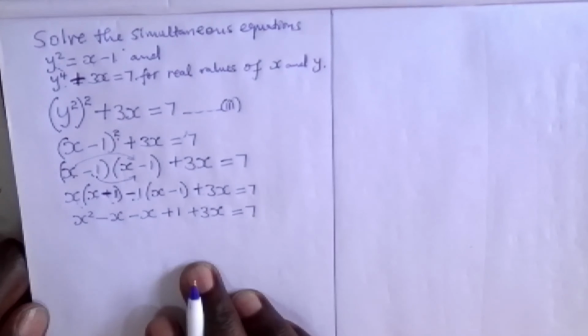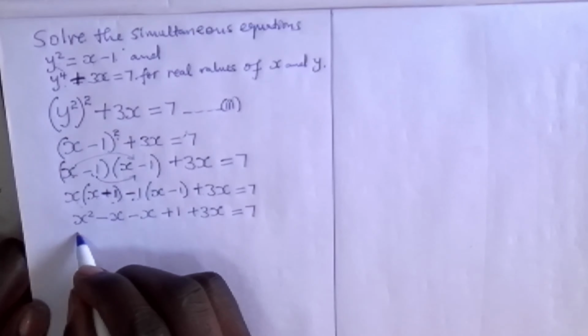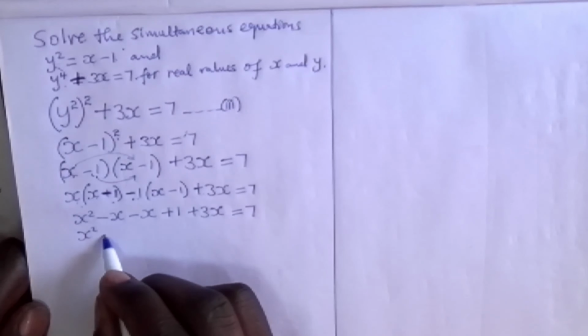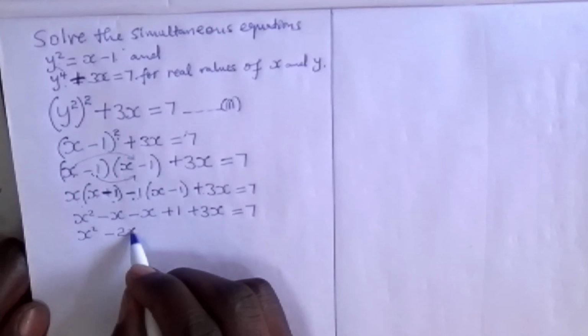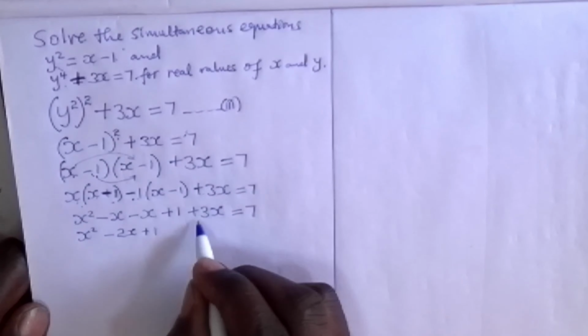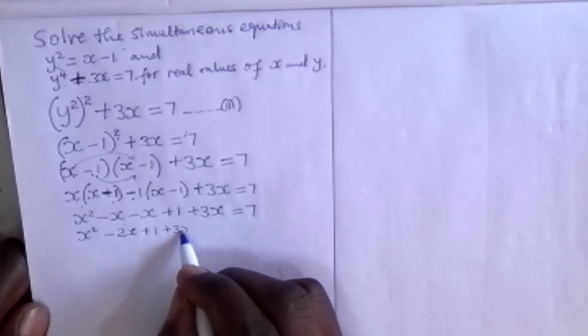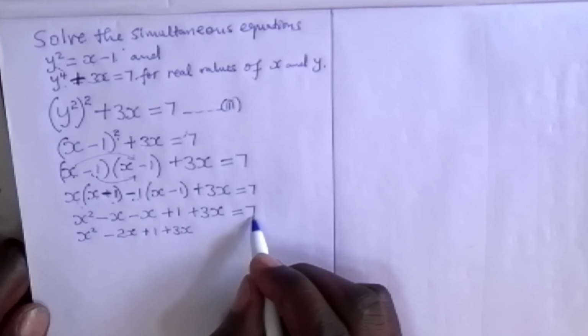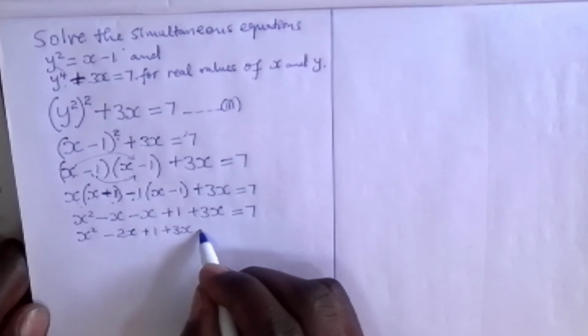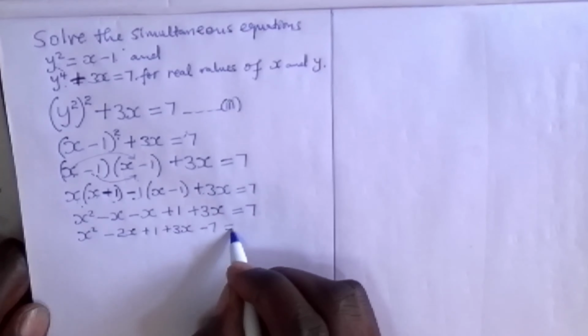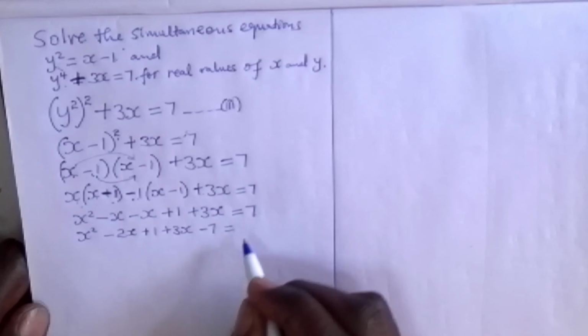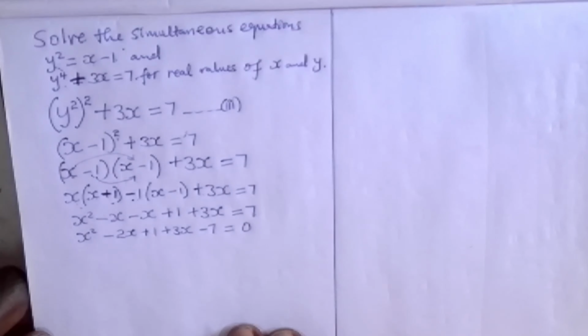So we can rearrange the like terms together. We have x squared, then minus 2x, then plus 1, then plus 3x. Subtracting 7 on both sides, the right hand side is now 0.